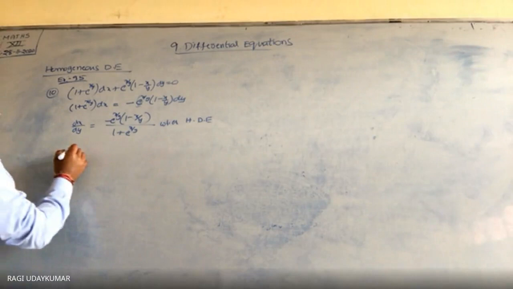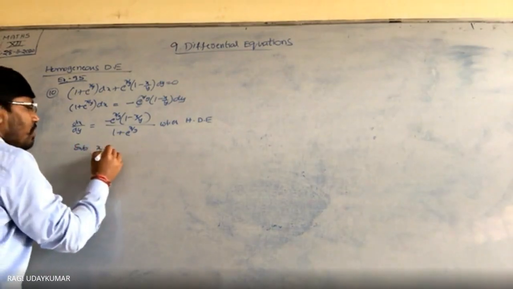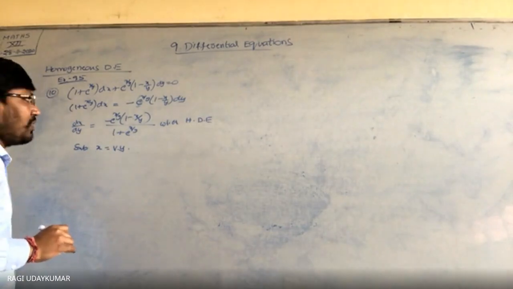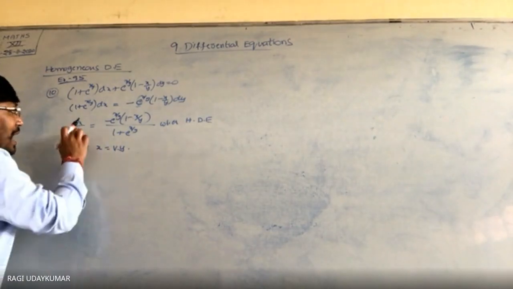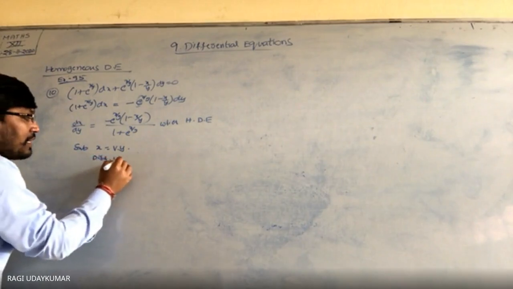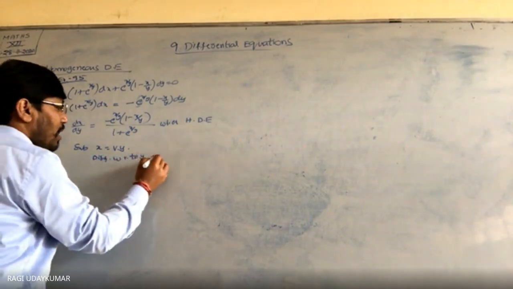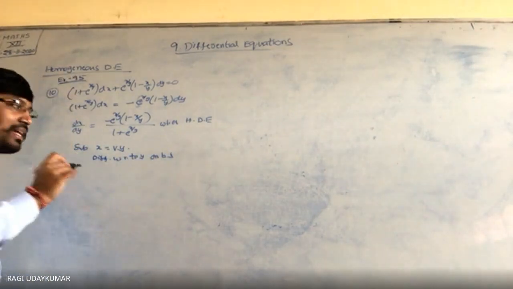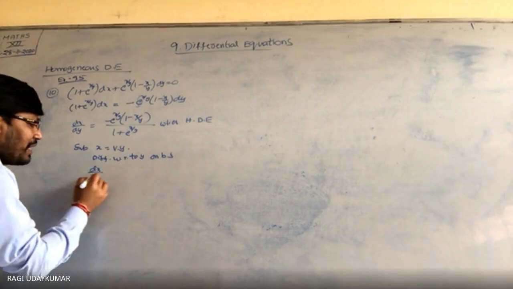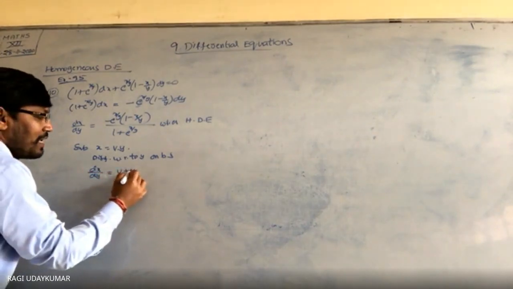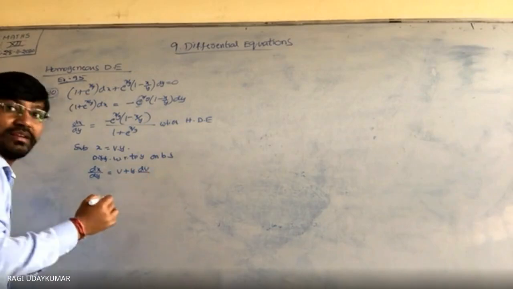Okay, so substitute x is equals to v into y. Here as we are having x by y, differentiating with respect to y on both sides, dx by dy is equals to v plus y into dv by dy.